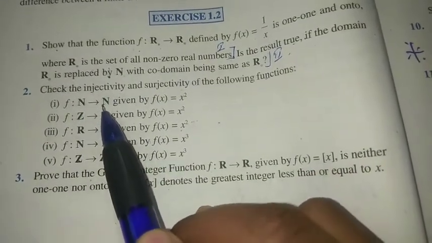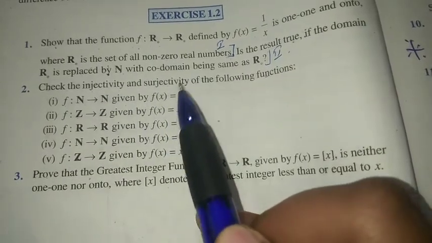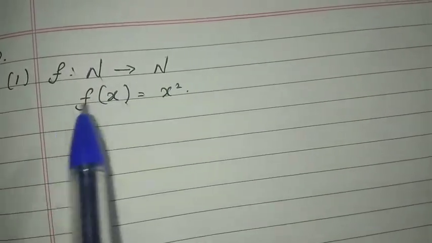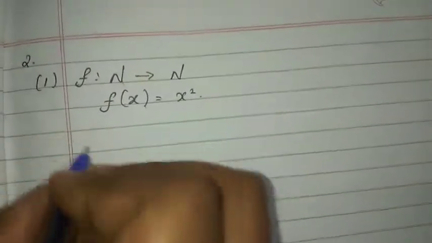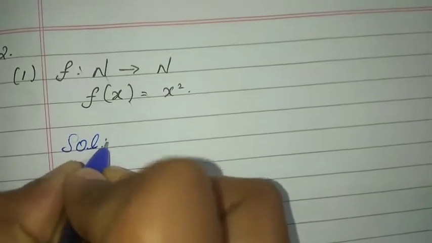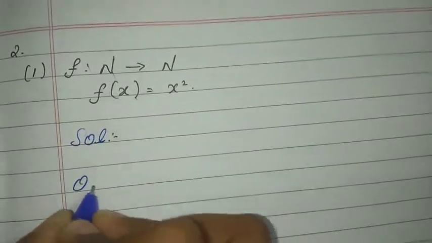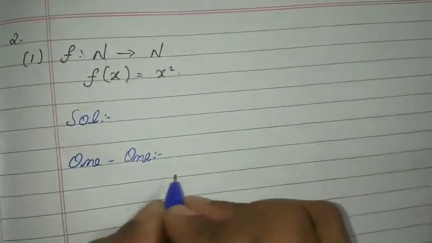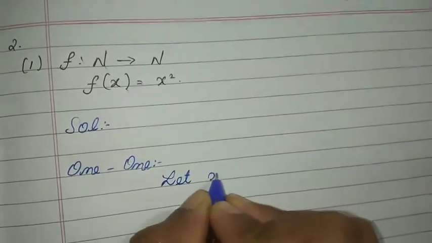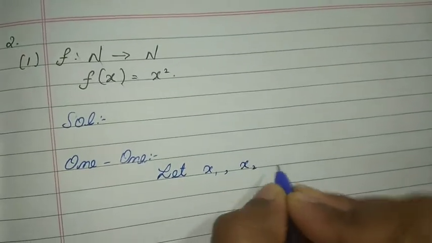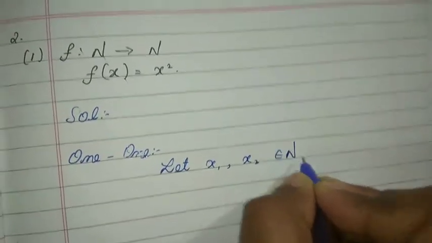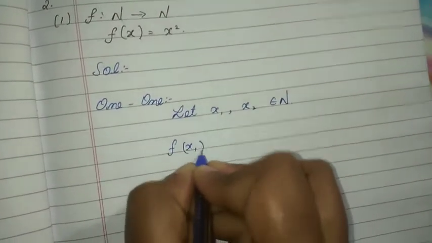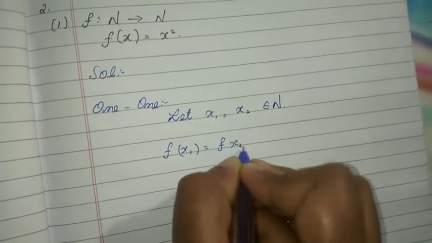Function from N to N given by f of x is equal to x square. Now I have written function from N to N and f of x is equal to x square. So now we'll go with the solution. First we'll check for 1 to 1. Let x1, x2 belong to N. Then f of x1 is equal to f of x2.